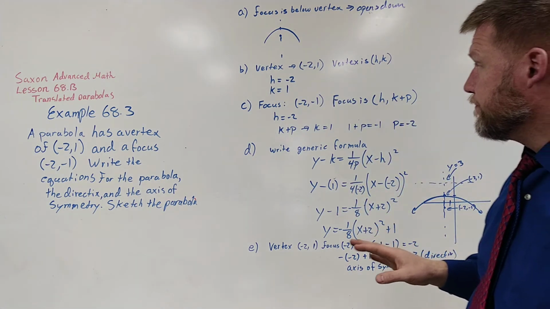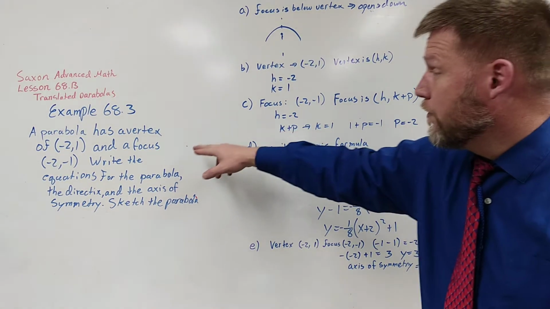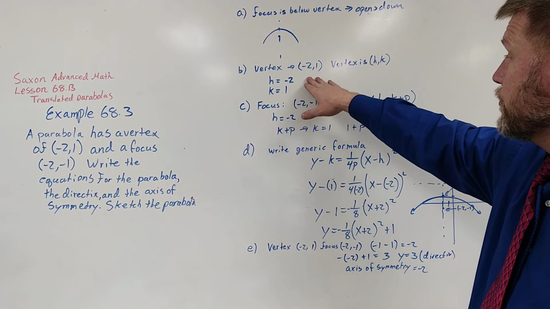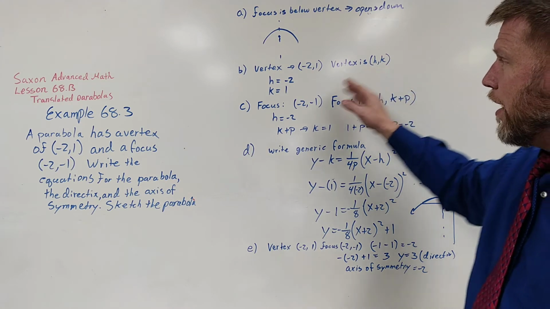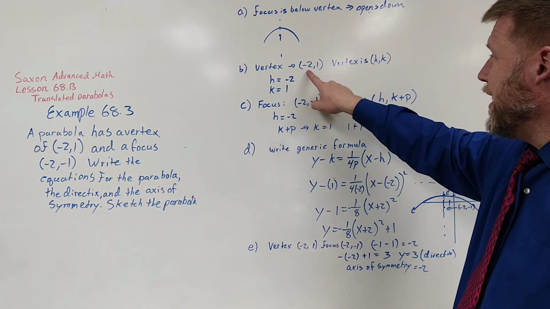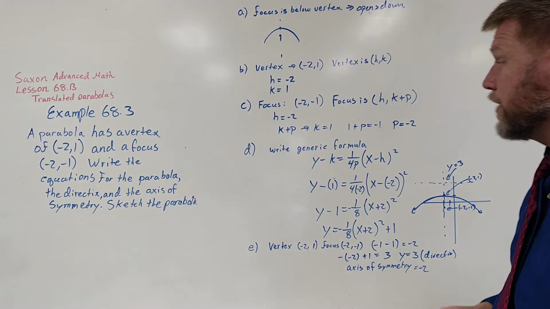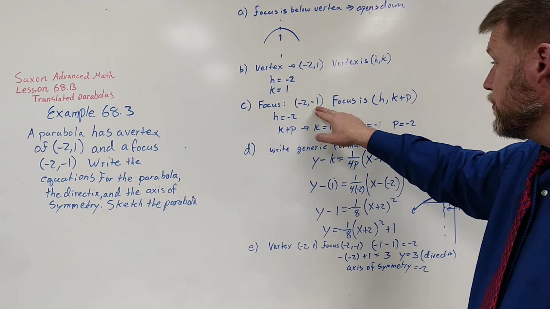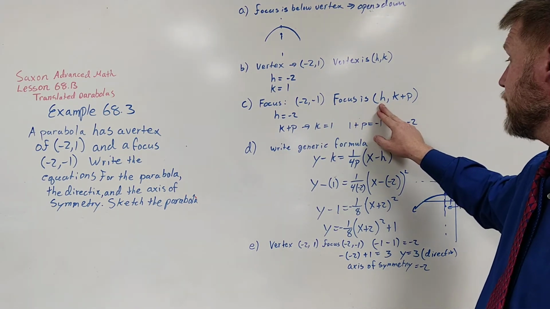That's our first step. Next, we have our vertex. We take our vertex as -2, 1, and I know the vertex formula is h, k. So that is my h, and that is my k. We're going to use that in just a moment. Next I look at the focus, which was -2, -1. Focus is h, k plus p.